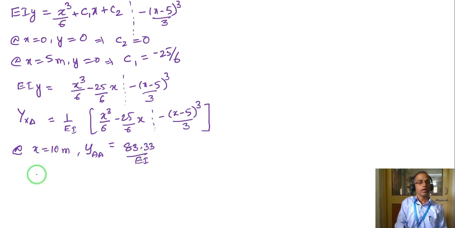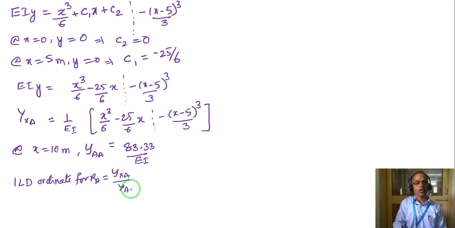Then directly the ILD ordinate for RA will be equal to y xa by YAA.